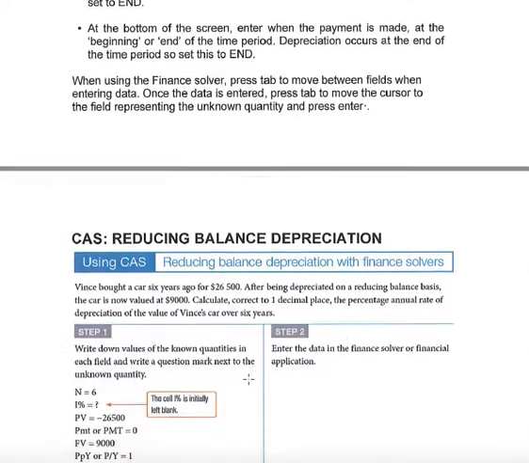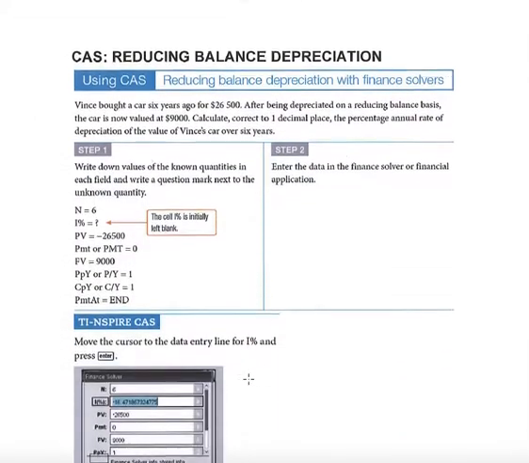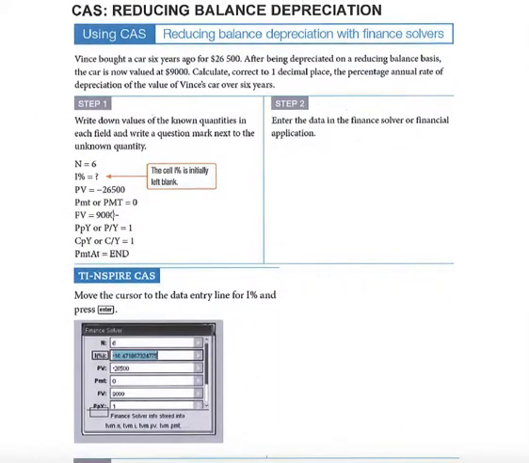You can also see here's an example. You can see as this is filled in, the number of years being 6. So here's the example: Vince bought a car 6 years ago, with the value being $26,500. Okay, so that's our price, the value to begin with. After being depreciated on a reducing balance basis, the car is now $9,000. So the future value is 9,000, and we've entered that in there.